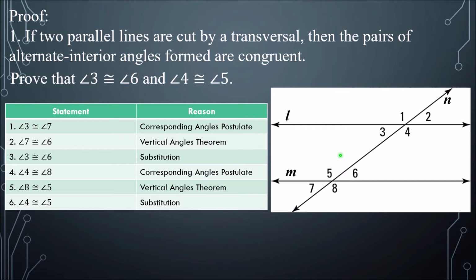Angle 8 is congruent to angle 5, by the vertical angle theorem. Next, angle 4 is congruent to angle 5, so we substitute angle 4 for angle 8. That is substitution. So we proved angle 4 is congruent to angle 5. So that's the proof of the alternate interior angles theorem.